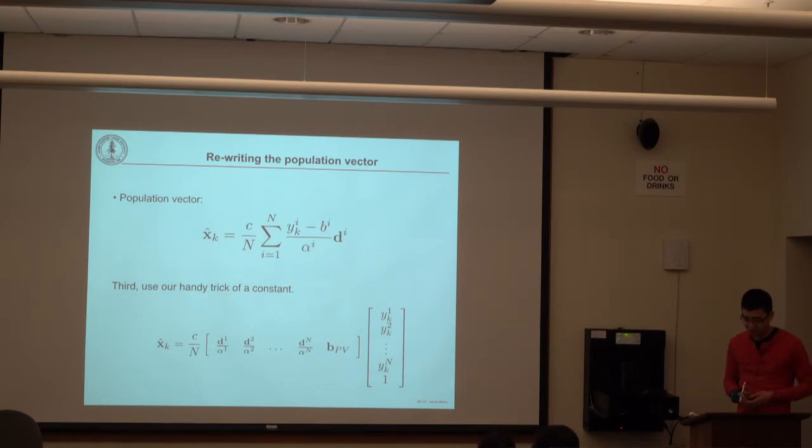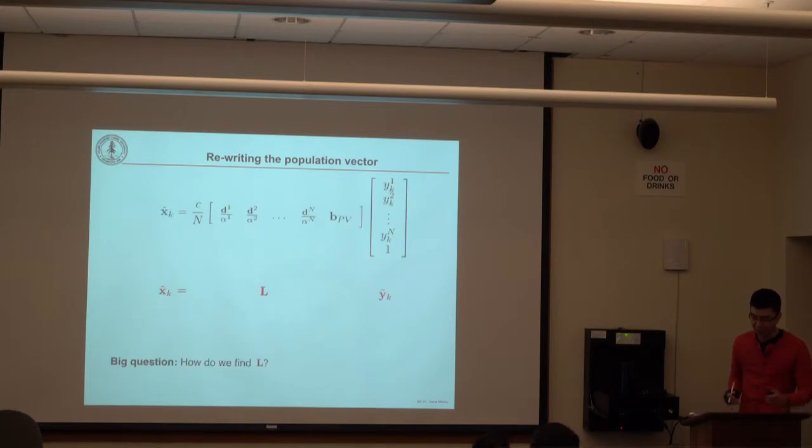And so this equation here is exactly our x hat k equals L times our y tilde k. Just to recap, our y tilde k is a 97 by 1 vector, our L is a 2 by 97 matrix, and our x hat of k is a 2 by 1 vector.